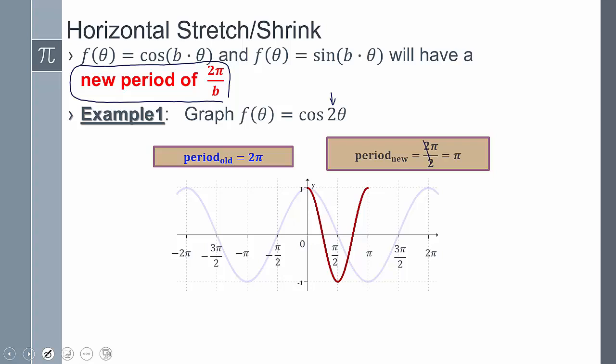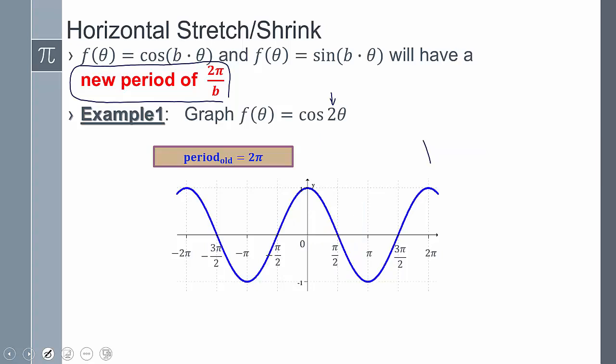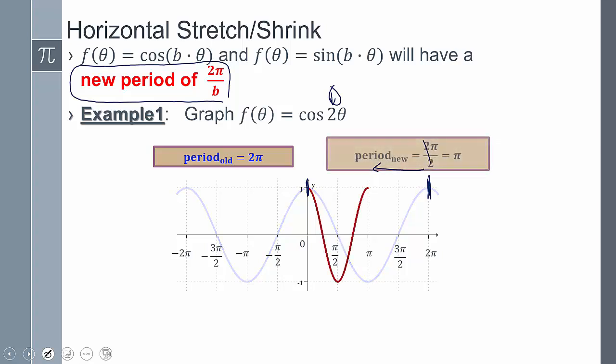That cancels out, and I get pi. Now notice what happened to the function. My old one started at 0 and ended at 2 pi. And then after the period, because of that 2 there, it horizontally shrank down to pi. That's what the period does, it shrinks or expands your function.